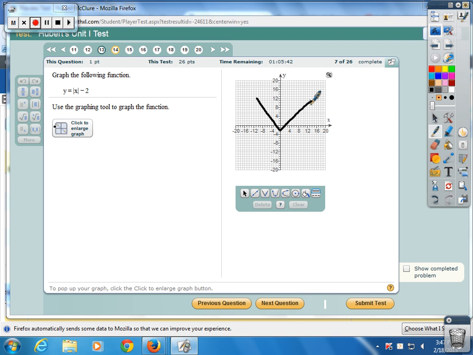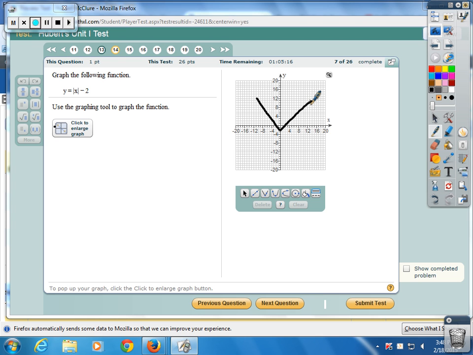That's what it's going to look like. If you plug in 0, you get -2. If you plug in 1, 1 minus 2 is -1. So at 1, you're going to get -1, and at -1, you're going to get -1. Okay?